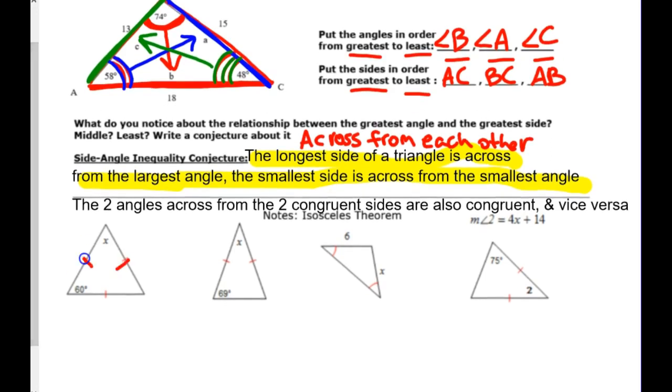If these three sides are congruent, then each angle has to be congruent. So if this one's 60, which it has to be for an equilateral, then this one has to be 60, and then of course this one has to be 60. So that one was actually just for an equilateral triangle. Hopefully that one wasn't too hard.